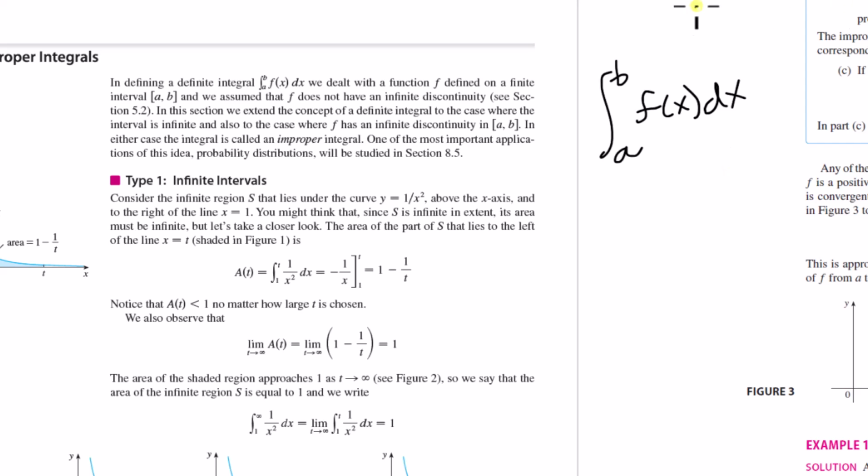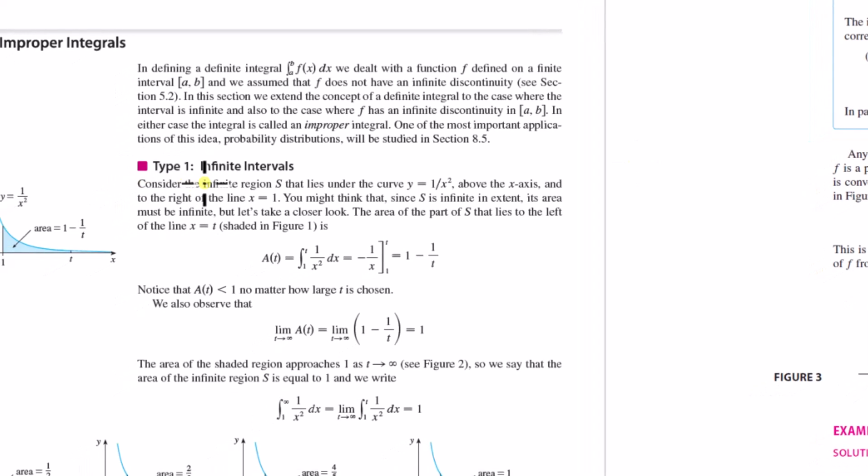But even then, technically from a math standpoint, you can't write this because it's not defined at a. So how do we deal with that? And same idea with a discontinuity within the interval other than an infinite discontinuity. How do we integrate across that?